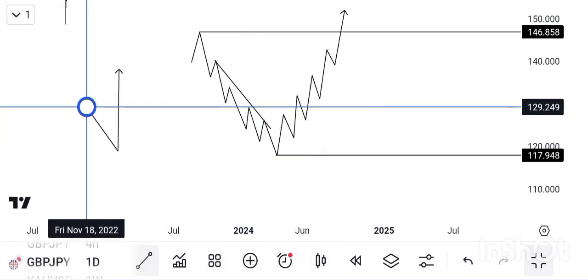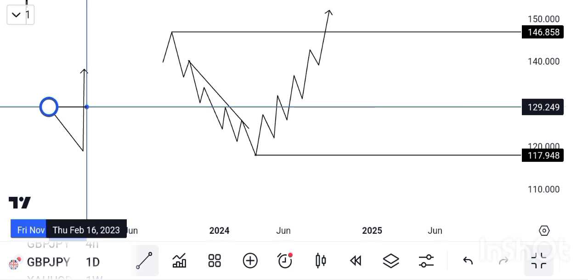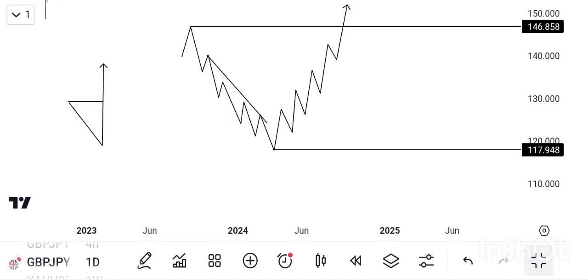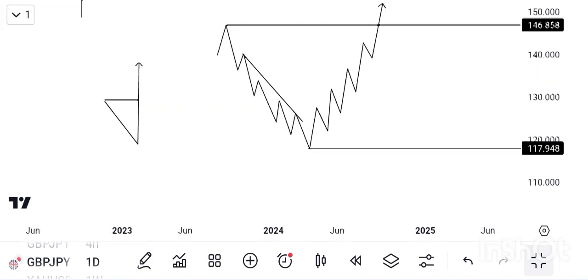We call it structural liquidity, which is the liquidity that price needs to grab before moving in our direction. Structural liquidity grabs buy side liquidity or sell side liquidity. Structural liquidity always breaks structure.